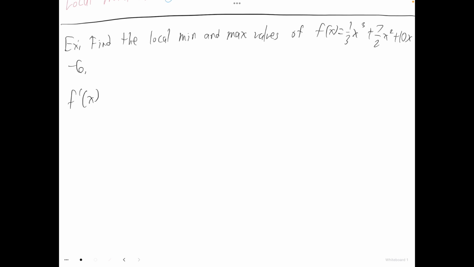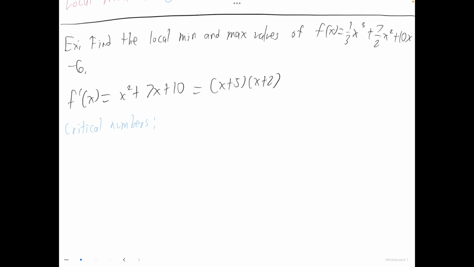So taking the derivative, 1/3 x cubed becomes 1/3 times 3x squared, so we're going to get just x squared, plus 7/2 times x squared's derivative is just 7x. Then the derivative of 10x is just 10, the derivative of 6 is 0. So we get x squared plus 7x plus 10 is our derivative, and this factors as x plus 5 times x plus 2. And so now that we've got the derivative and we factored it, we can find our critical numbers.